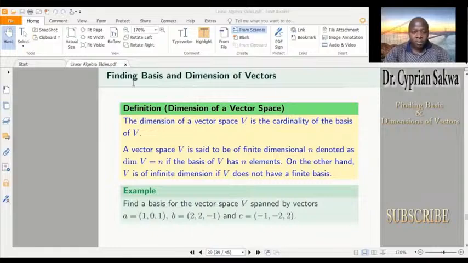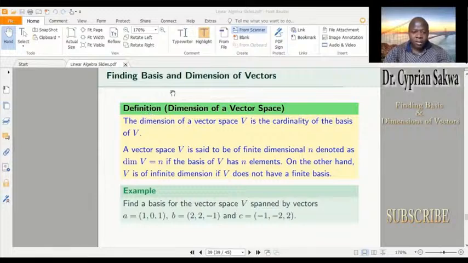So today, we'll be defining the dimension of a vector space, and then we'll look at various examples on how to determine the basis and the dimension of a vector space.